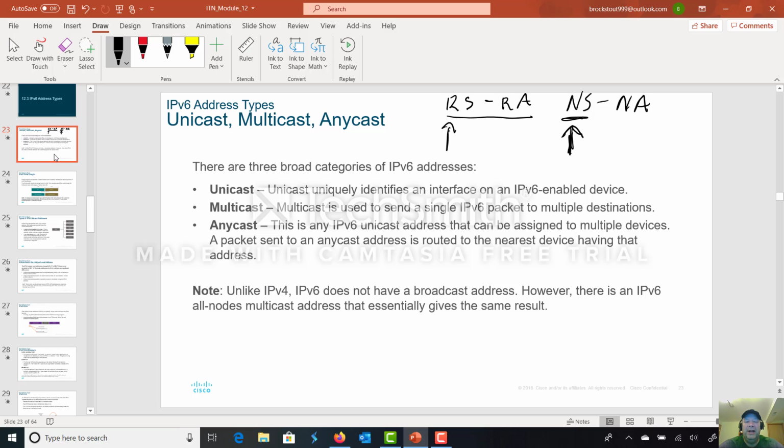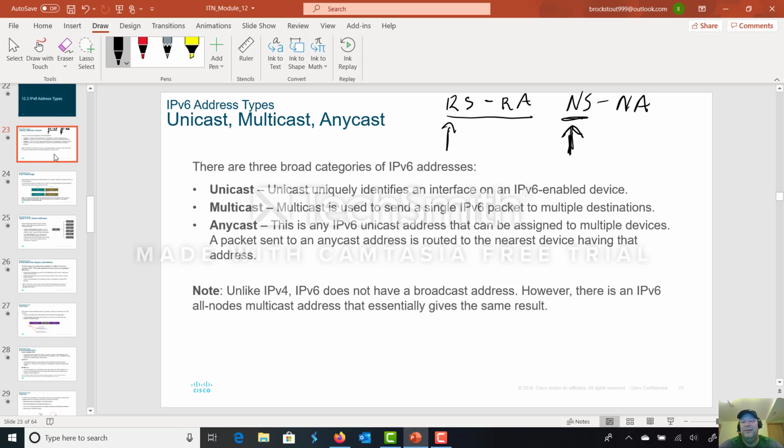So when a device is looking to resolve an IPv6 address into a corresponding MAC address for that device, because we still have to pass through the switch, we're going to send those messages out by type of device.